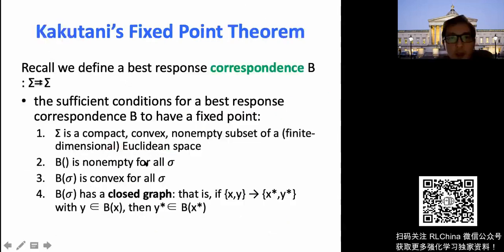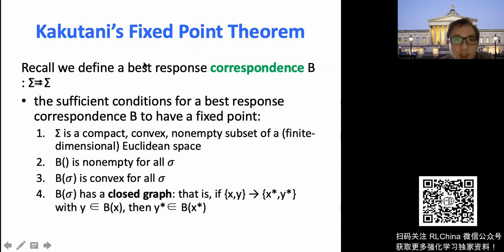Does that make sense? So in Nash's original paper, he makes use of one of the fixed point theorems. This is the Kakutani fixed point theorem, an extension of the original fixed point theorem, because the original fixed point theorem deals with the situation where you have a continuous function, and the Kakutani theorem deals with a set-valued function, which fits our case.